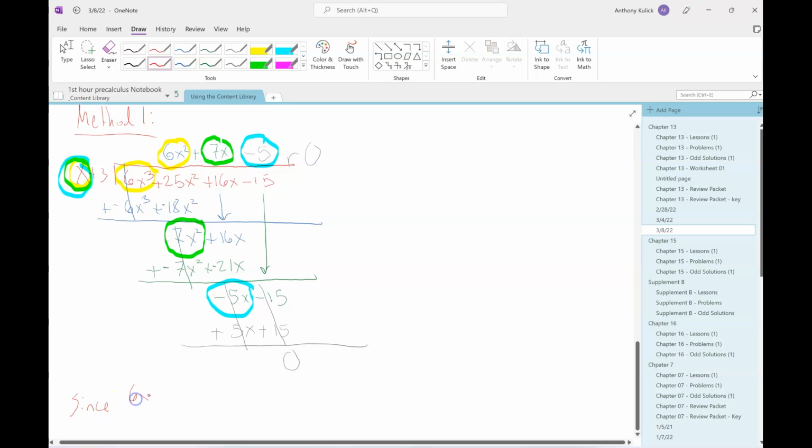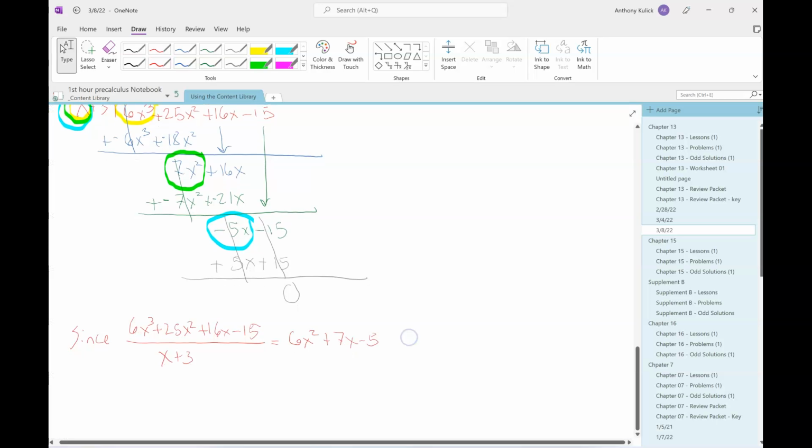So I can say that 6x cubed plus 25x squared plus 16x minus 15 divided by x plus 3 is equal to 6x squared plus 7x minus 5.